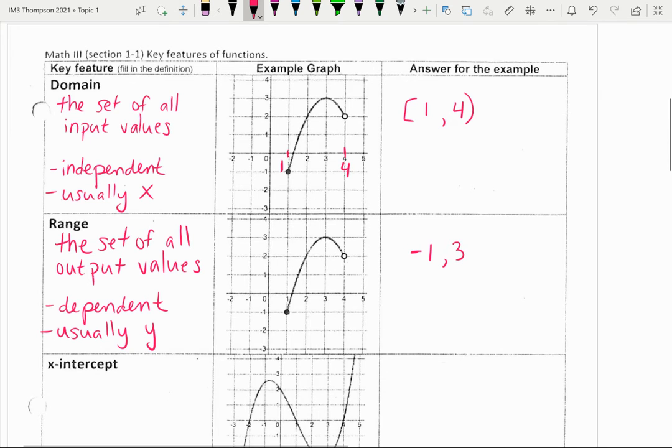And I have to choose the correct brackets. -1 is included. And it looks like 3 is also going to be included.